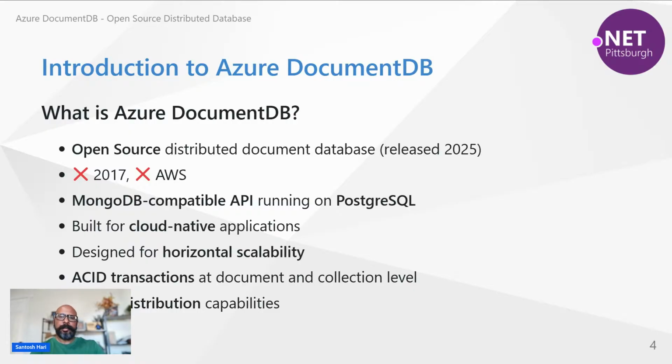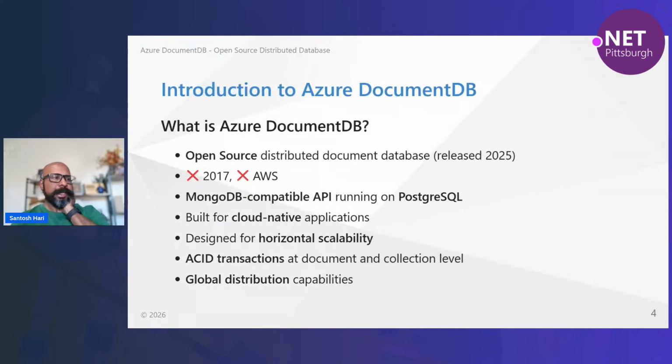So a little bit of an intro to DocumentDB. This is a familiar name. Back in 2017, there was a Microsoft service named DocumentDB. This one is not that DocumentDB, so I wanted to make that known right off the bat. If you go look at some of the old repositories, you'll see the name DocumentDB. This one has nothing to do with that.